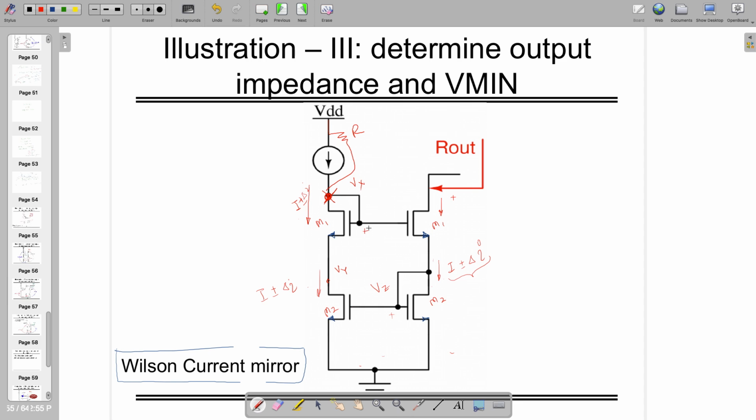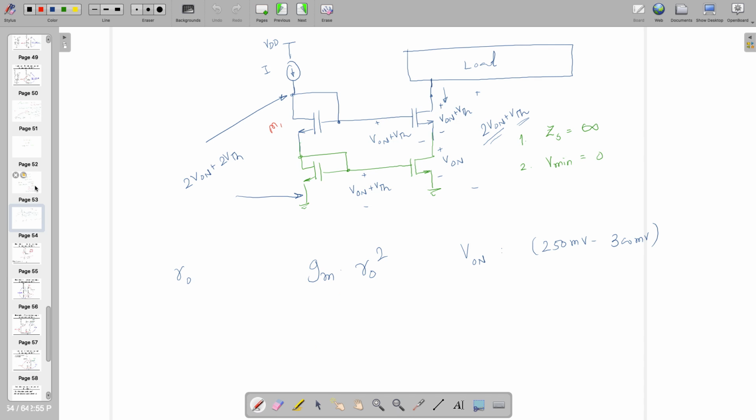In this case both branches will have the exact current, whereas in the previous current mirror which we were talking about, if it is I from this one, this side it will not be I, but it will be I plus or minus delta I, and this delta I depends on the fact that the source impedance is not infinite and V min is not equal to 0, and moreover the potential from here to here is not exactly equal to the potential at the other side.